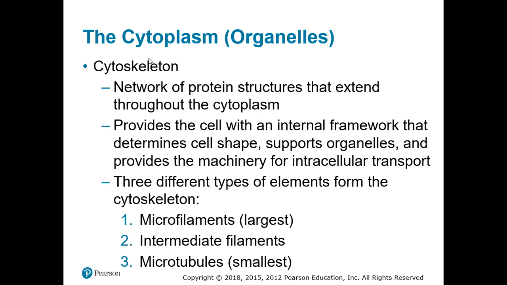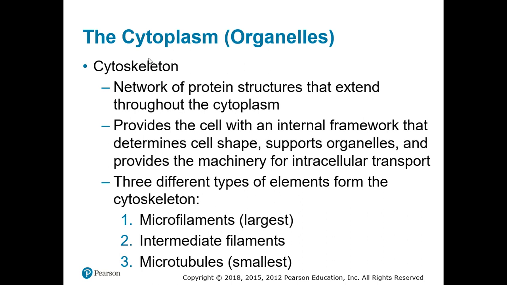Then we have the cytoskeleton, exactly what it sounds like. The skeleton is going to be the framework or the network of structures that extend all throughout the cytoplasm that gives the cell some type of internal framework. It's going to determine the cell's shape, support any organelles that are in the cytoplasm, and also allow basically the roads that things get transported along. There are three types of elements.